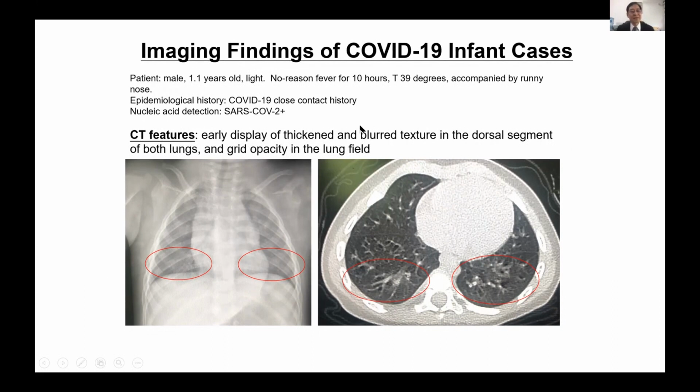Nucleic acid detection: SARS-CoV-2 positive. CT manifestation shows early display of lesions in the distal segment of the lungs, and GGO of CT in the lung field.